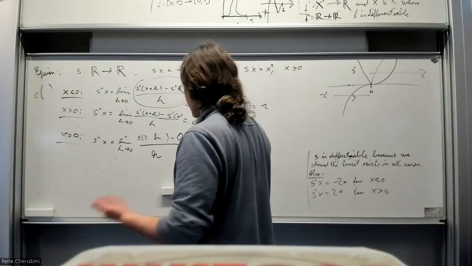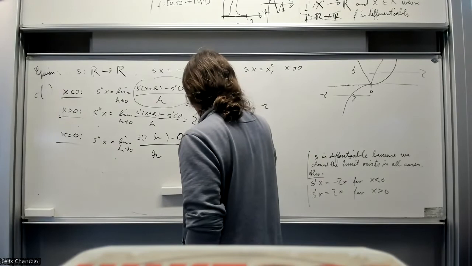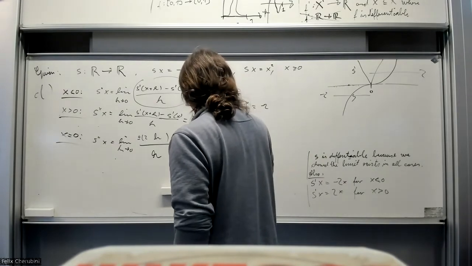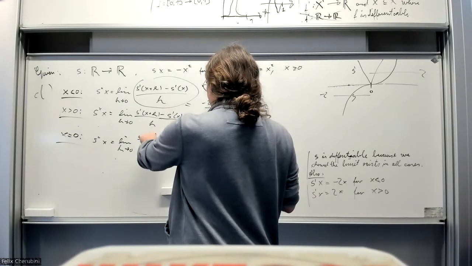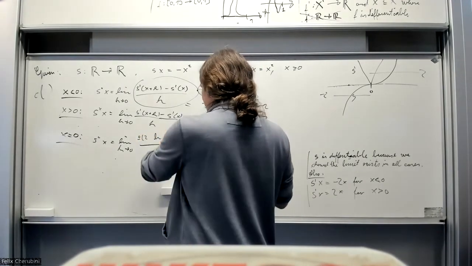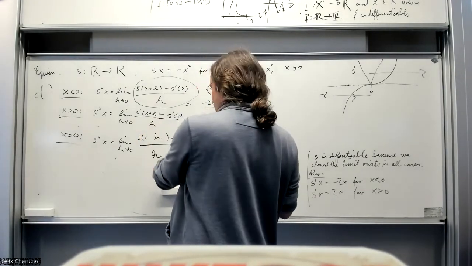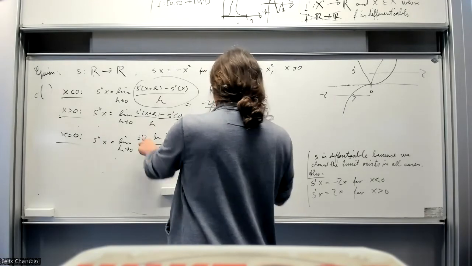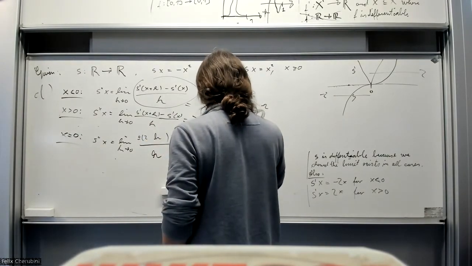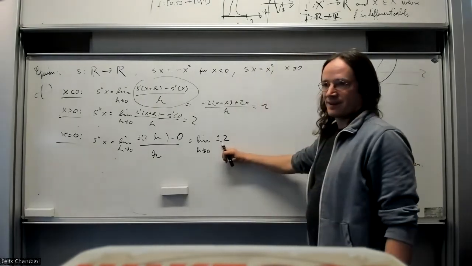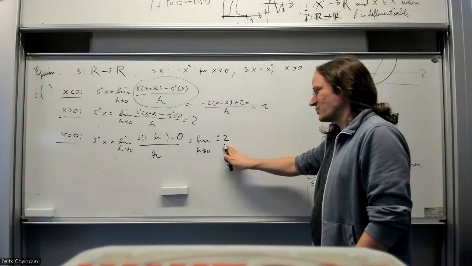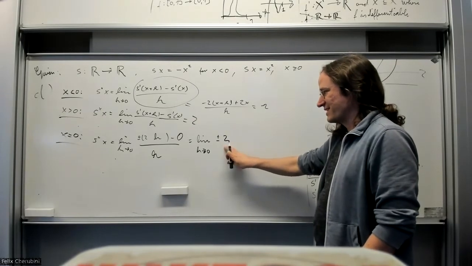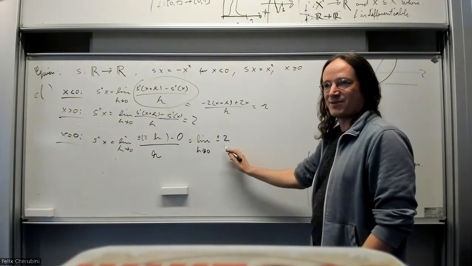So in the end, similar to last time, we remain just with this, and we can divide because it works in both cases, but we are stuck with plus or minus 2. Last time we had 0, they turned out to be both the same. This time they don't. So we have a conflict here.